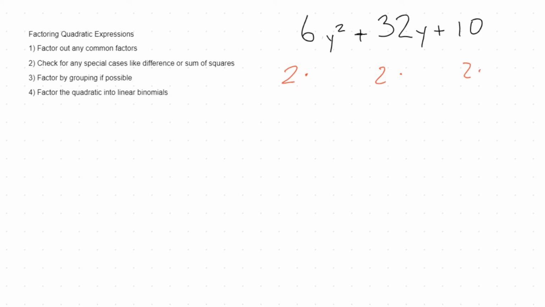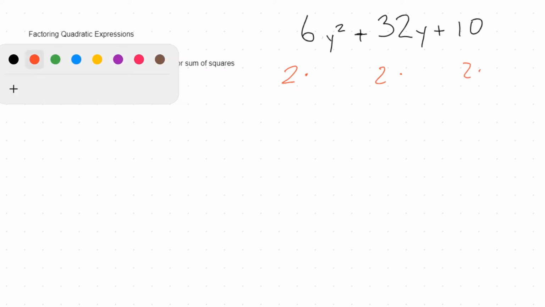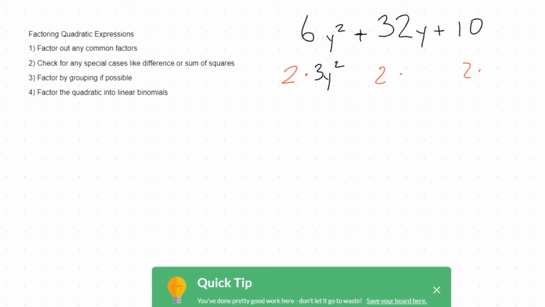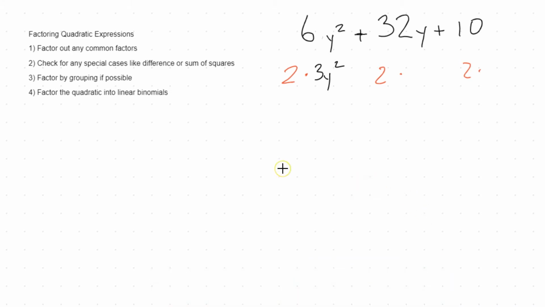So let me do that while I have the red pen. All right, so now this is going to be 2 times 3y squared plus 2 times 16y plus 2 times 5.